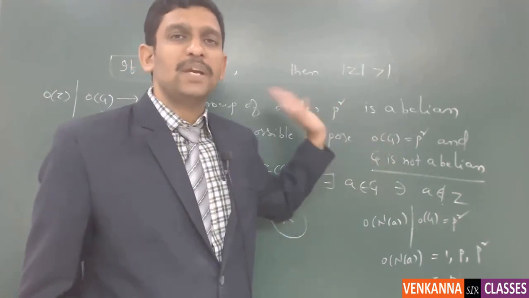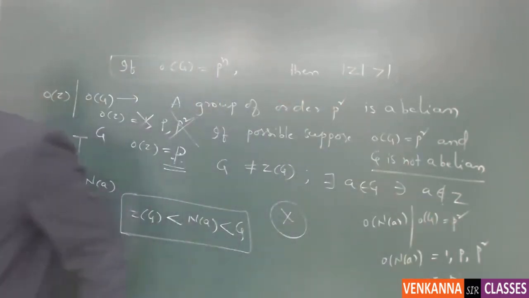Therefore, G must be abelian. That's all. Is the logic clear for everyone? Any questions? So please take a note of this solution.